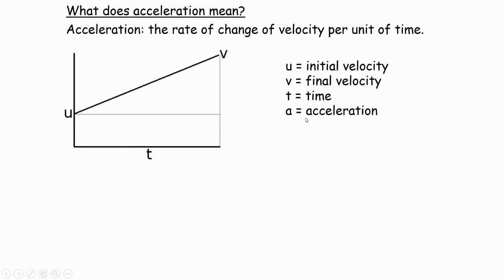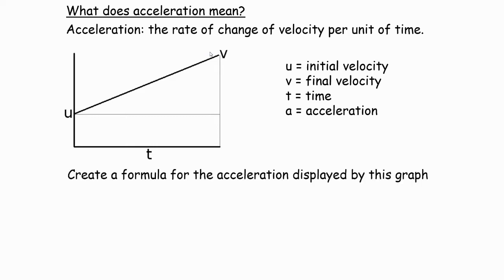That's fairly straightforward. And if we think about it, if we wanted to find the acceleration in this graph, it would be the gradient of this line. So how do you find the gradient of a line? It's change in y over change in x. So if we realize that the change in y, so the difference between the initial velocity and the final velocity, is just v take away u, there's the change in y.